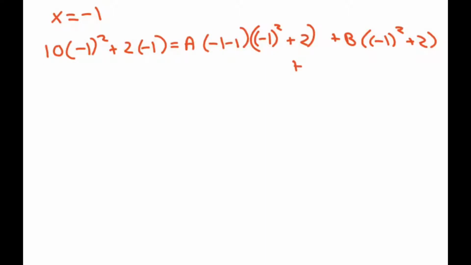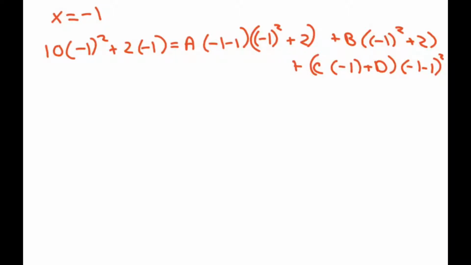Then we have plus c times negative 1 plus d times negative 1 minus 1 squared.